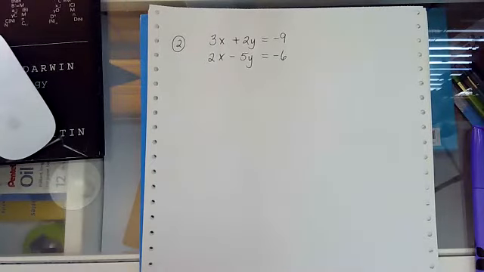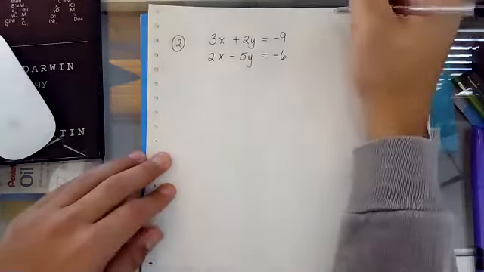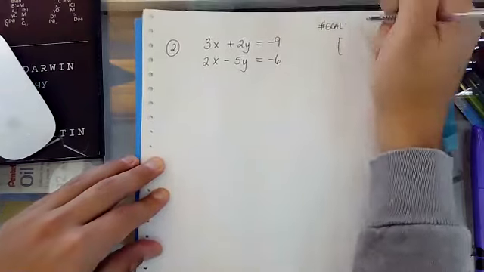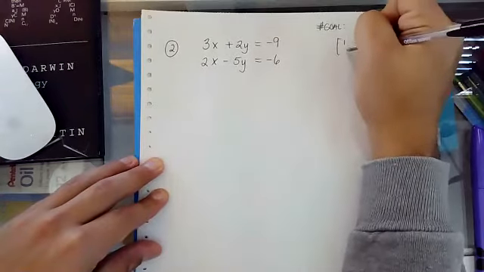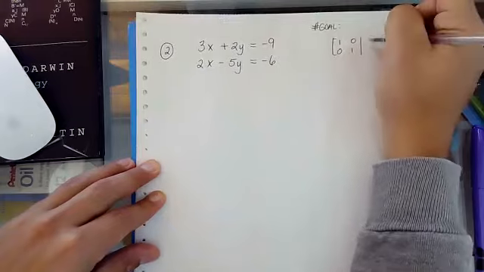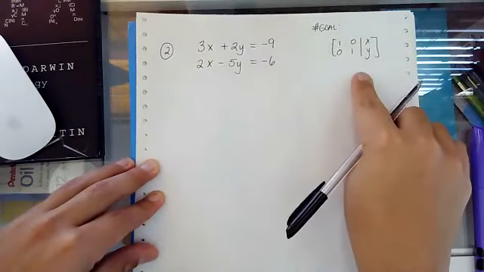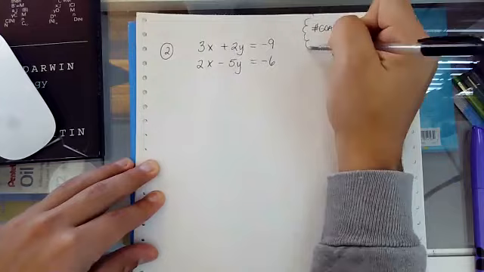And I want you to solve by trying to come up with the row operations that you need so that you can get, remember, your goal, which is 1, 0, 0, 1, and then your x and your y, whatever those numbers are. This is what we're aiming for.